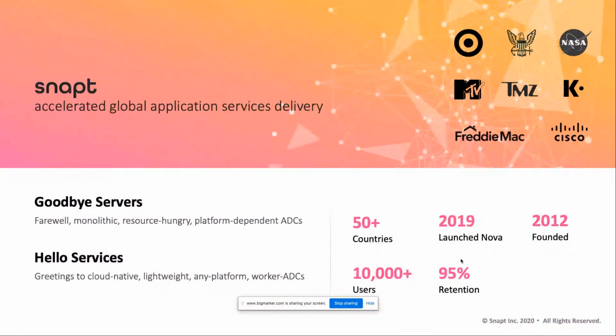In the new paradigm of IT delivery, we're looking at services, and specifically microservices that are lightweight, that can run anywhere, any cloud, container or on-premise data center, and provide that same functionality through software, essentially independent of the underlying hardware platform. So today, we're deployed in over 50 countries with over 10,000 users actively using the Snapt ADC platform to deliver reliable and secure application services.